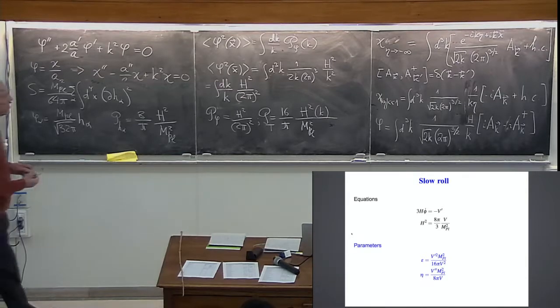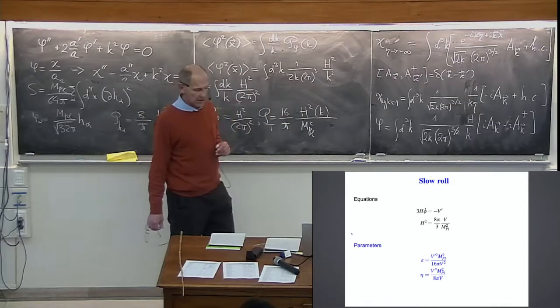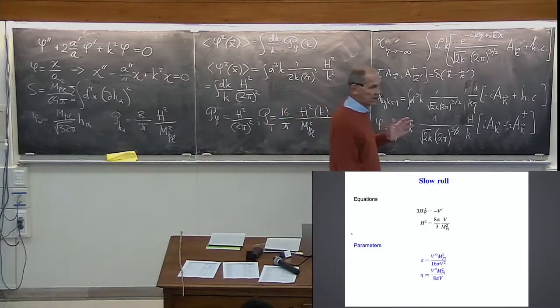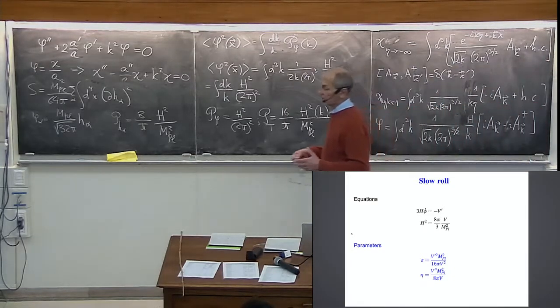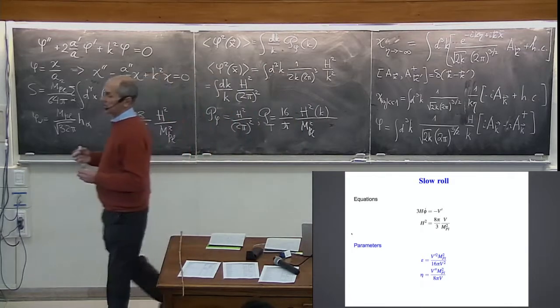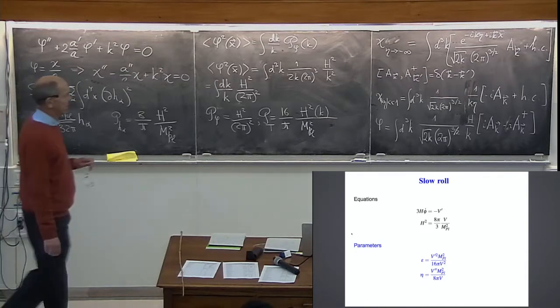Everything you need to know is the Hubble parameter at the time when the mode exits the horizon. That's a very nice and intuitively clear picture, that gravitational waves get created by the very fact that the universe expands fast.